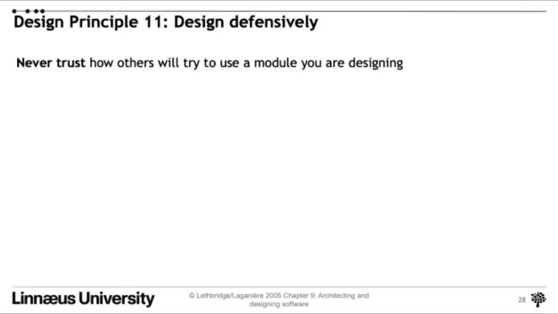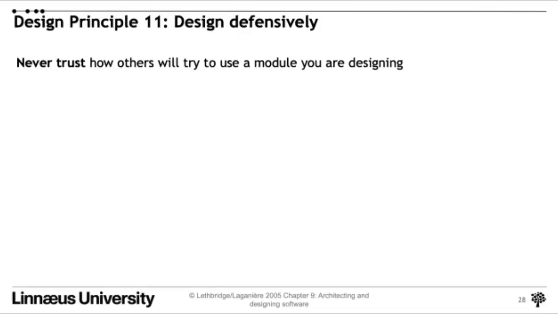Okay, so if you are designing a module and providing a method that gets two integers as input and makes a division, don't trust the people who will use this module. Make sure that they don't divide by 0.